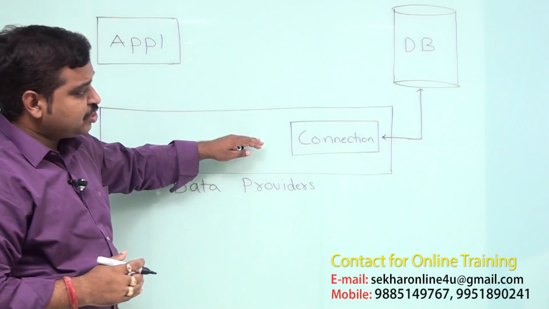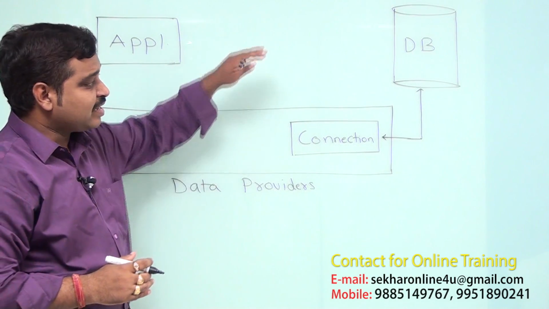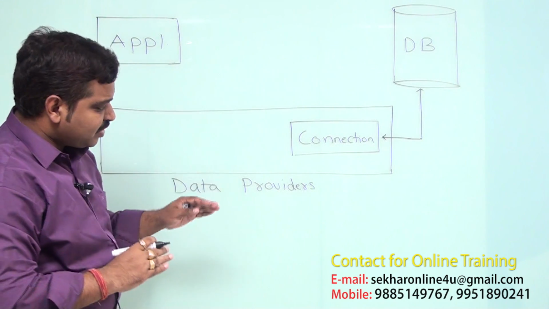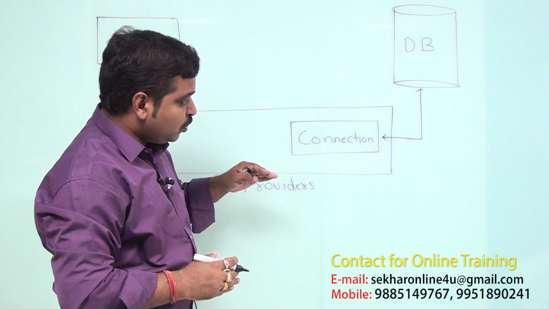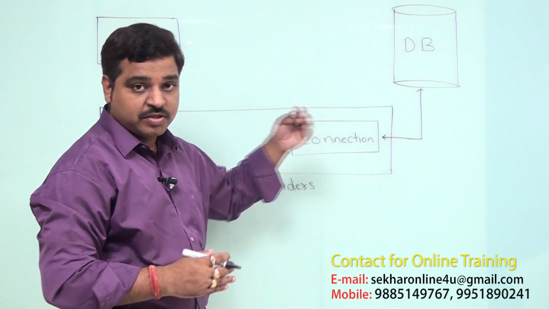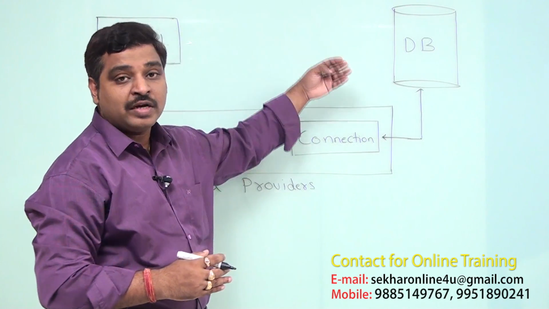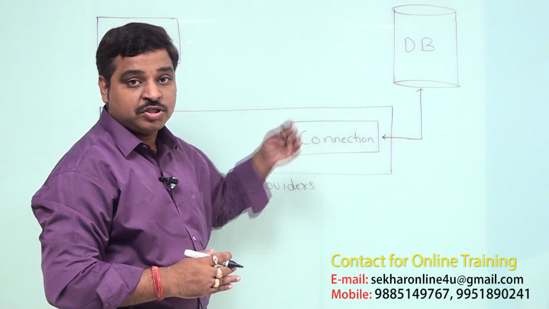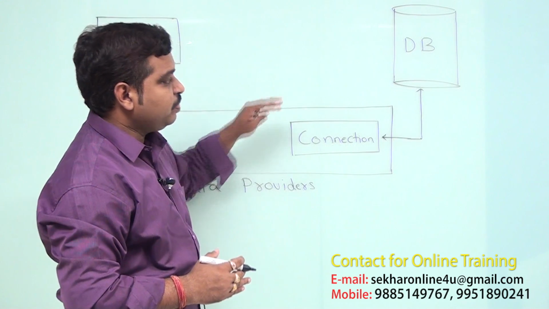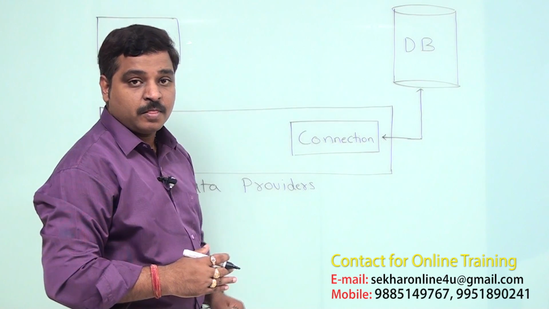Through the connection, we interact with the database. We just specify which database we want to interact with. Do we want to use a SQL Server database, or an Oracle database, or MS Access or Excel worksheets? With the connection, we can mention that.